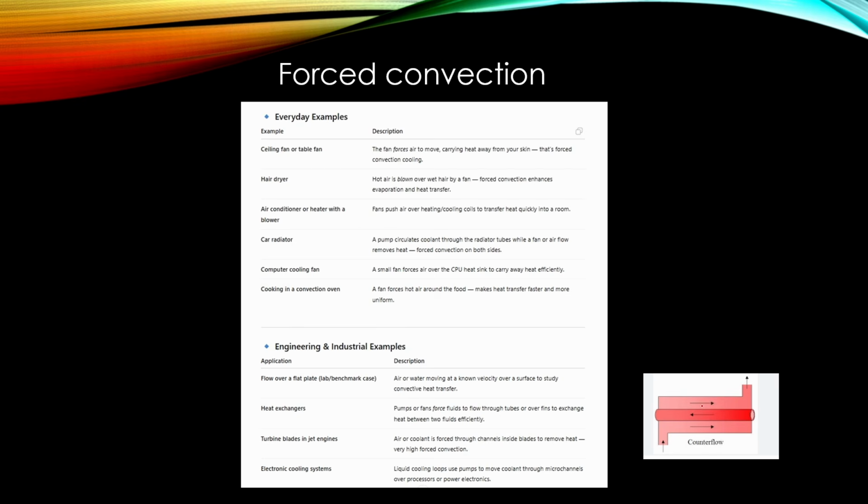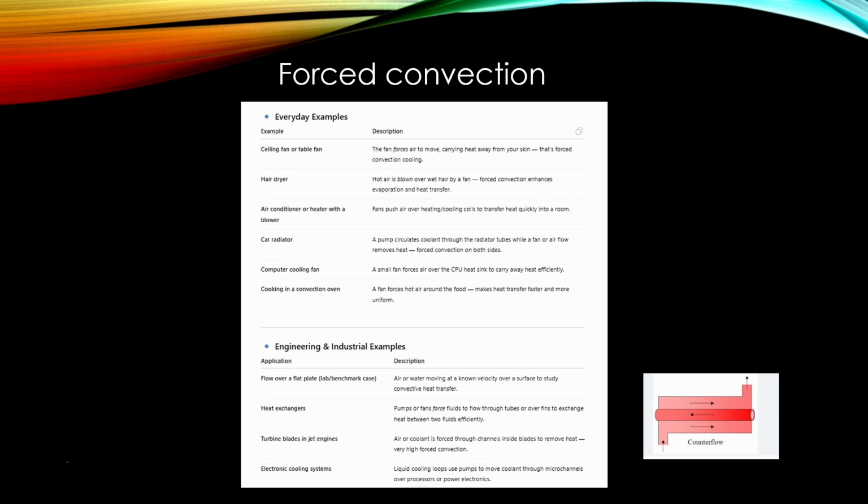A typical industrial example is also electronic cooling by liquid cooling loops. Then we use pumps to move the coolant through the microchannels of processors and power electronics.